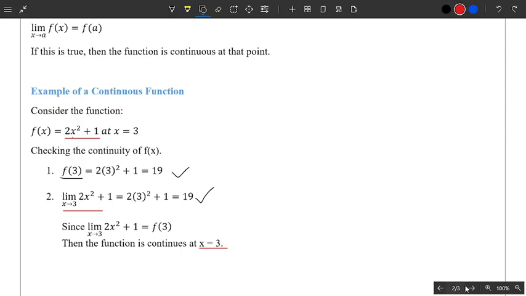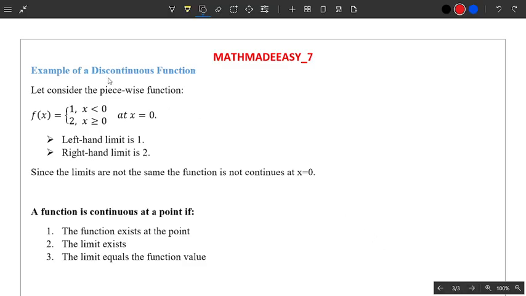Now let's look at another example on discontinuity. Let's consider a piecewise function. A piecewise function is defined in two or more different ways. In this case, we are looking at the point x equal to 0. We are saying that it should be 1 when x is less than 0.